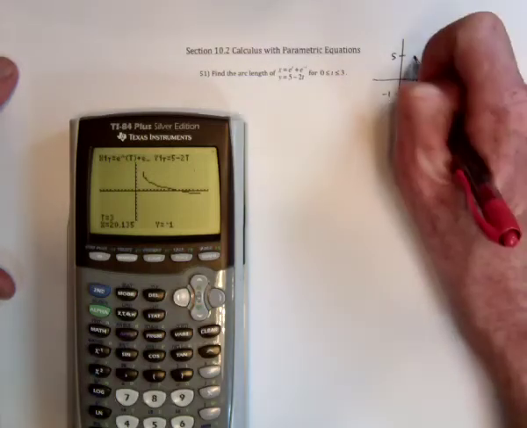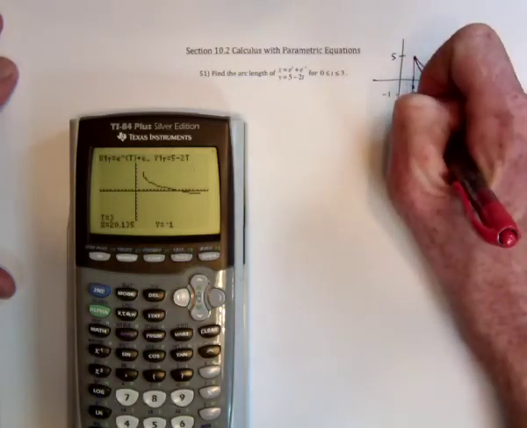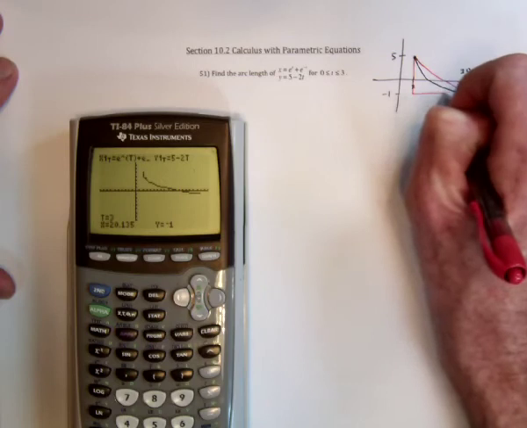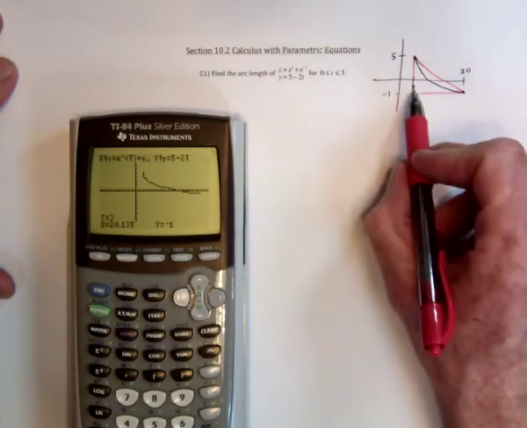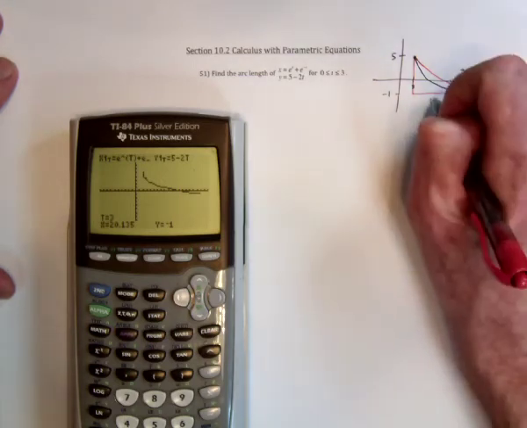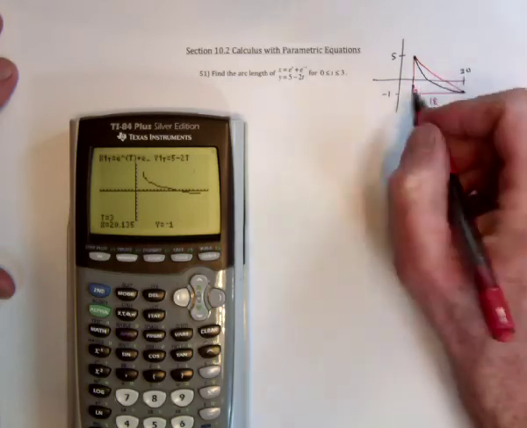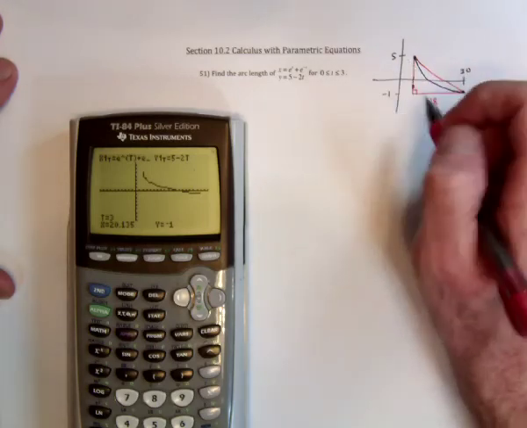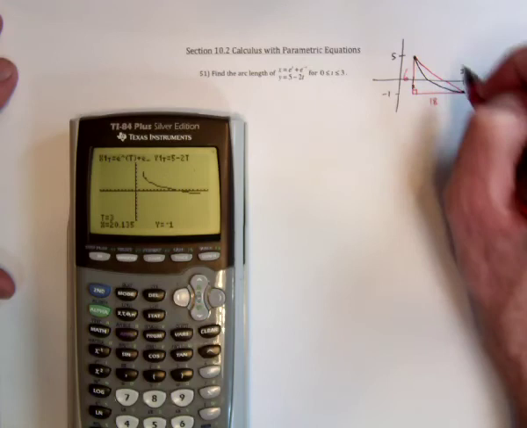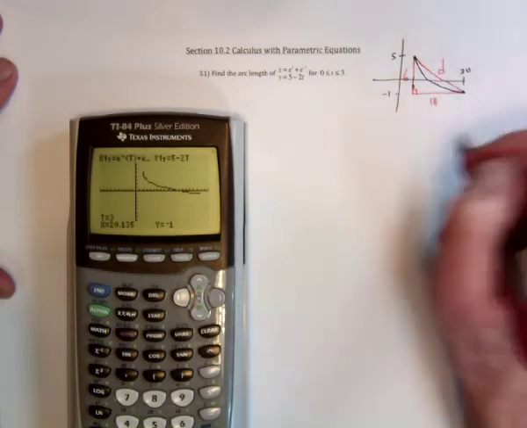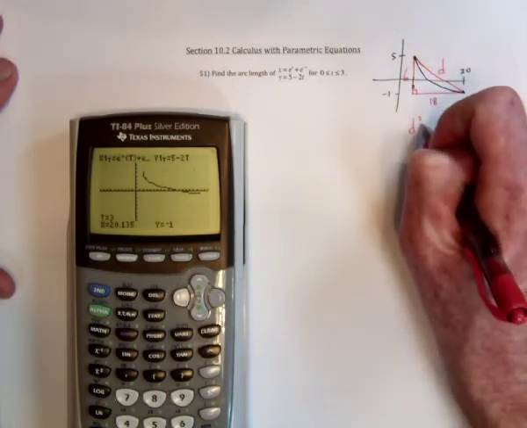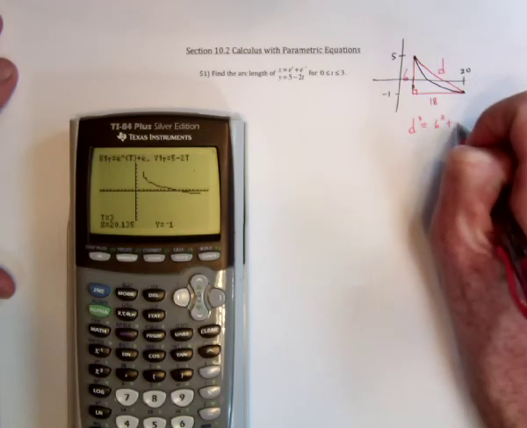But I can easily find out the length of this red line by making a right triangle. So this goes from 2 to 20, so this side is 18. This goes from 5 to negative 1, so this side is 6. So if I call this the distance d, then d squared equals 6 squared plus 18 squared.